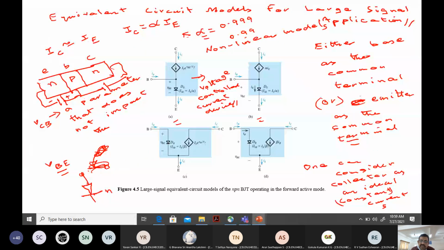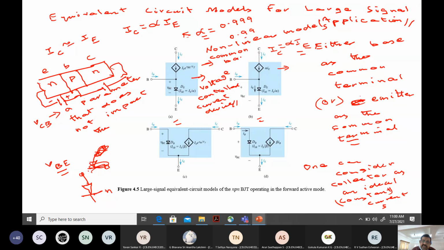So A corresponds to a voltage controlled current device, but it is not difficult to replace it with a current control. Instead of writing IC in terms of VBE, if I write IC in terms of alpha, that is alpha IE, then you can see that these two correspond to what is called common base.